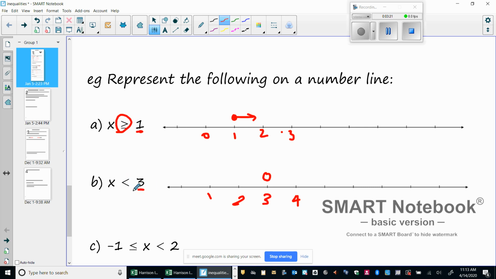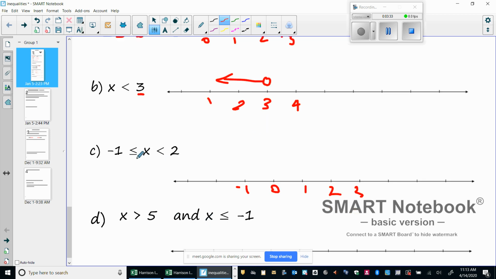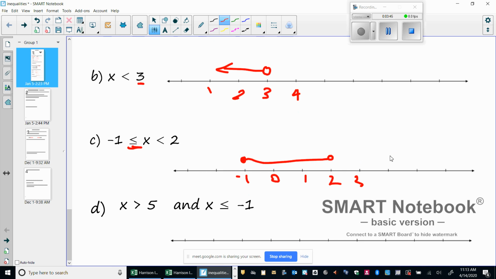And this is less than, so we'd point this direction. This one is a range, so we've got -1, 0, 1, 2, 3. Above the -1, I've got a closed hole because of this symbol, and above the 2, it's going to be an open hole, and we just join those up with a line.